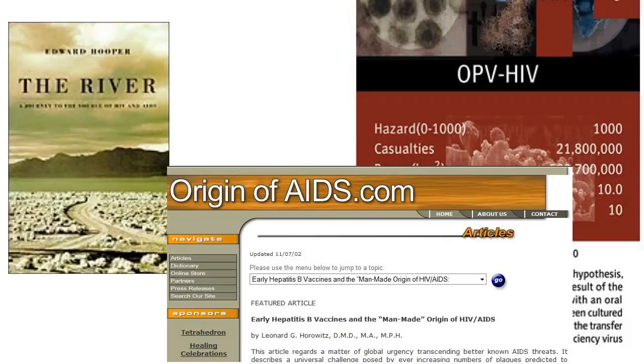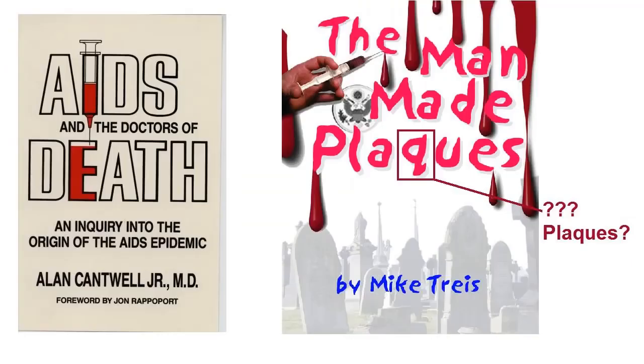The OPV hypothesis, advanced by BBC correspondent Edward Hooper and documented in his book The River, suggests that an SIV-contaminated chimpanzee culture was used to prepare the oral polio vaccine given in the late 50s and early 60s. His theory, which was effective at selling his book and ignited the imagination of conspiracy theorists, proposed that this SIV-contaminated vaccine culture humanized the simian virus.